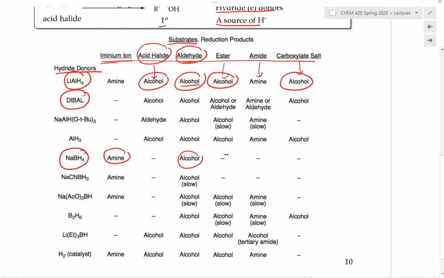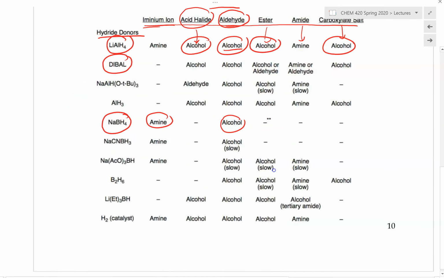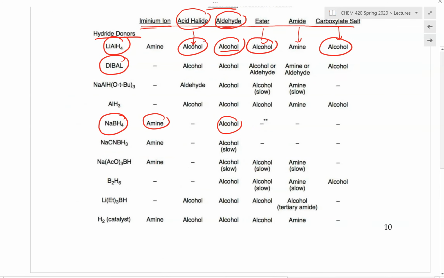The reactivity of these different reducing agents comes from the following principle: the reactivity of the hydride. All of these reducing reagents contain a hydride, and depending on how reactive the hydride is, that dictates the chemical reactivity.